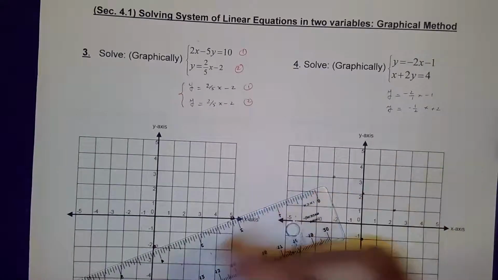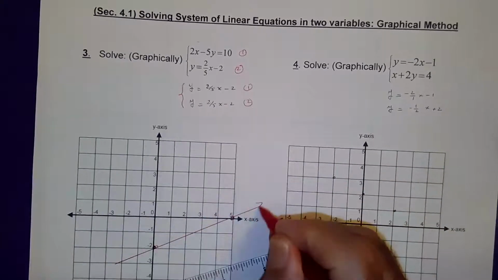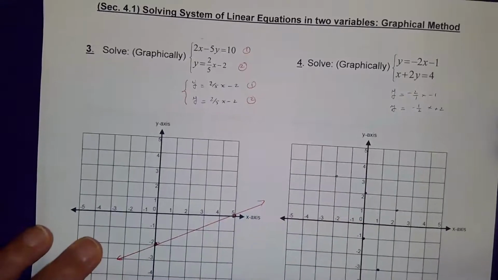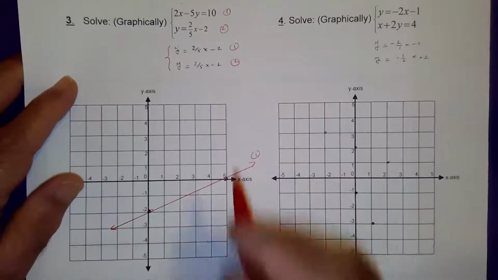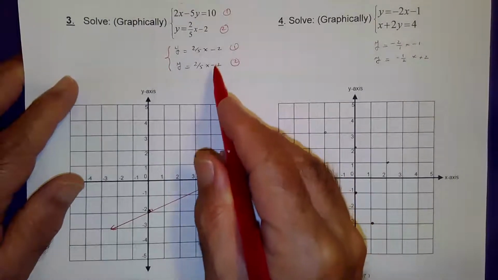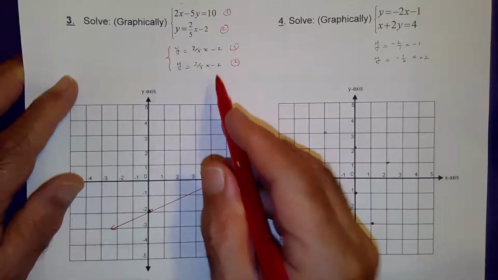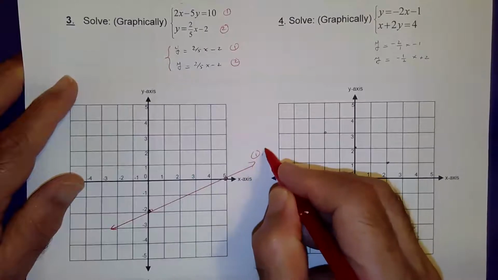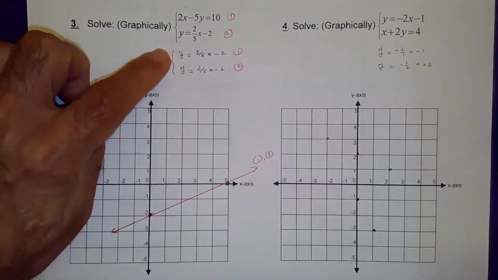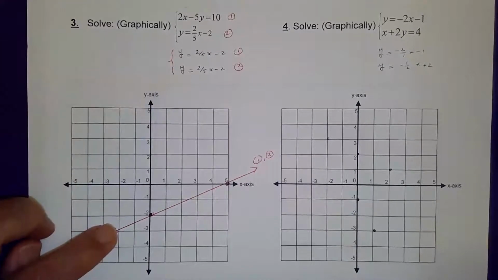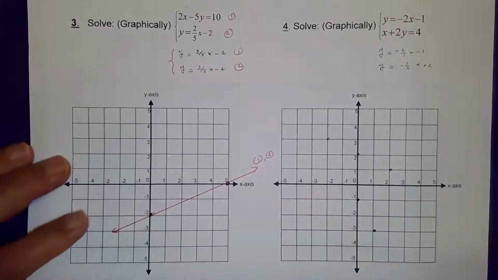Do you see it? Okay. Now, this is the graph of equation number 1. For equation number 2, notice it's identical to equation number 1. So that means the graph of equation number 2 overlaps with equation number 1. So they happen to be on top of each other.